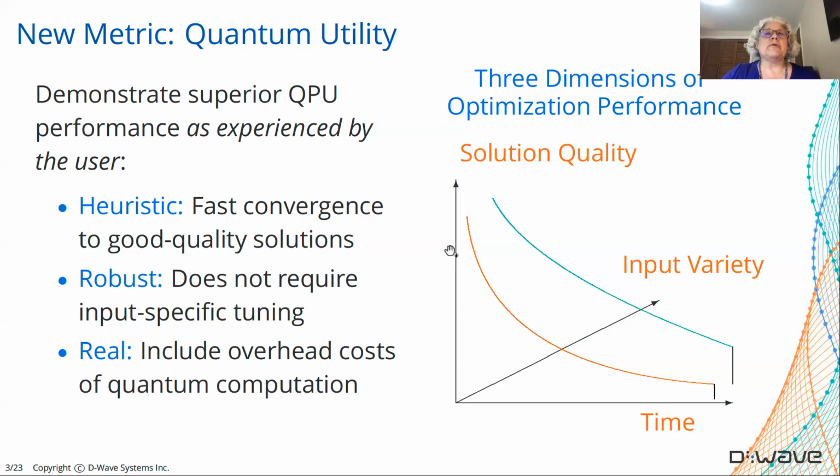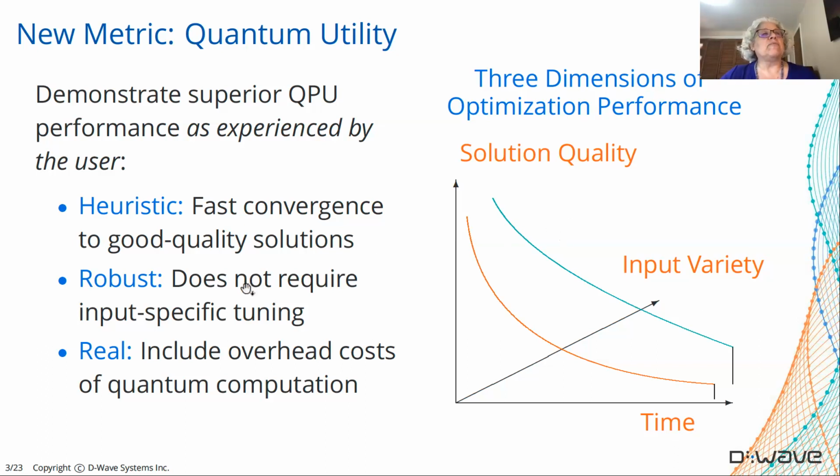With heuristics, we generally have the idea that if you invest more time and effort into the computation, the solution quality will improve. Here we have energies going down with time, and here's a different input, and it behaves differently. Usually this scaling performance, solution quality and time, is highly dependent upon the inputs. Sometimes it's good, sometimes it's bad.